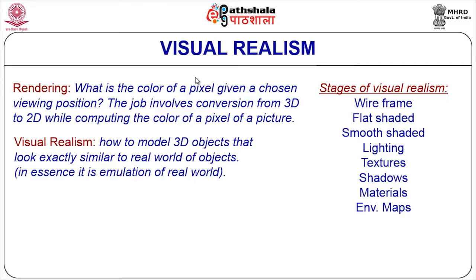Because as we know in the real world, depending on where we stand and how we orient ourselves, we will have a different view of the world. The same thing we are going to imitate here in the 3D simulated world. So, visual realism is how to model 3D objects that look exactly similar to real world objects. In essence, it is simulation of the real world.